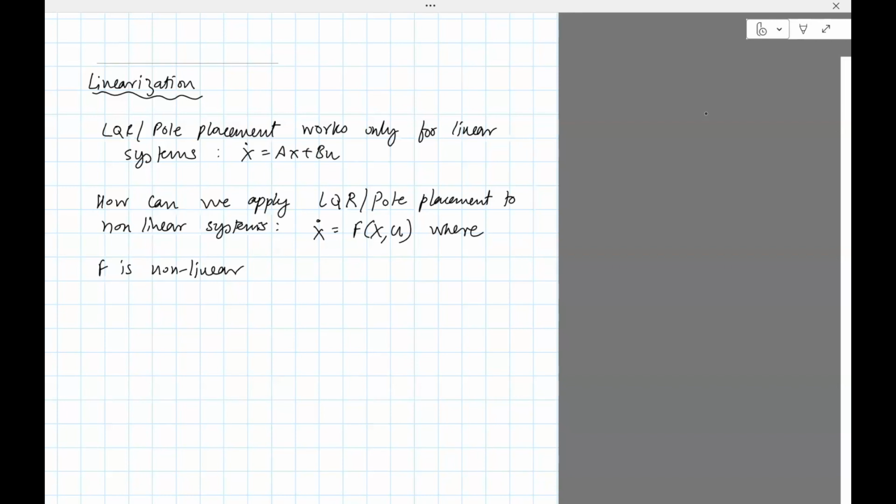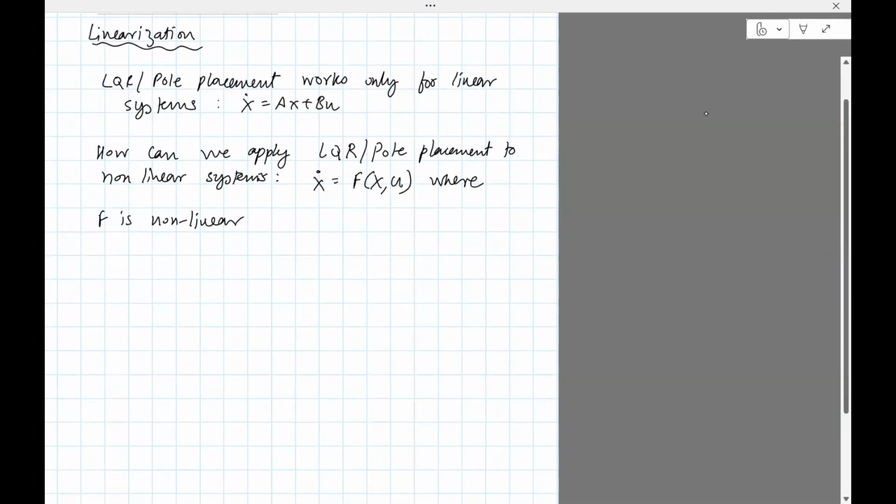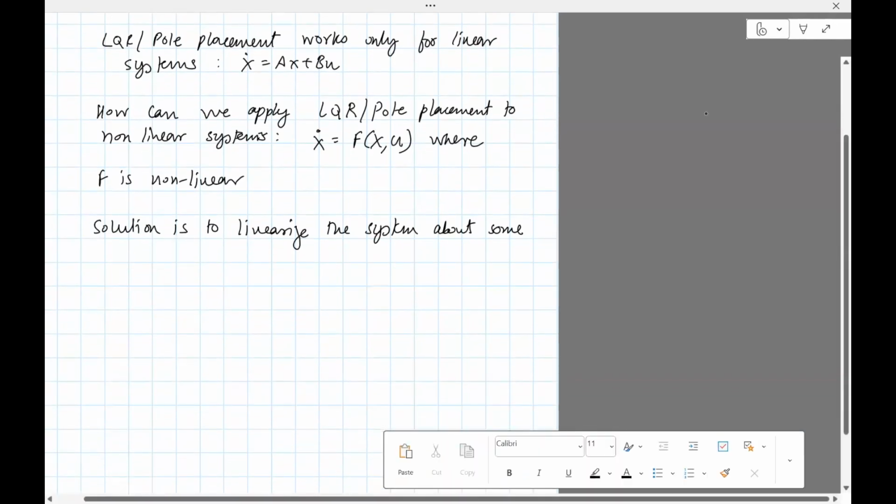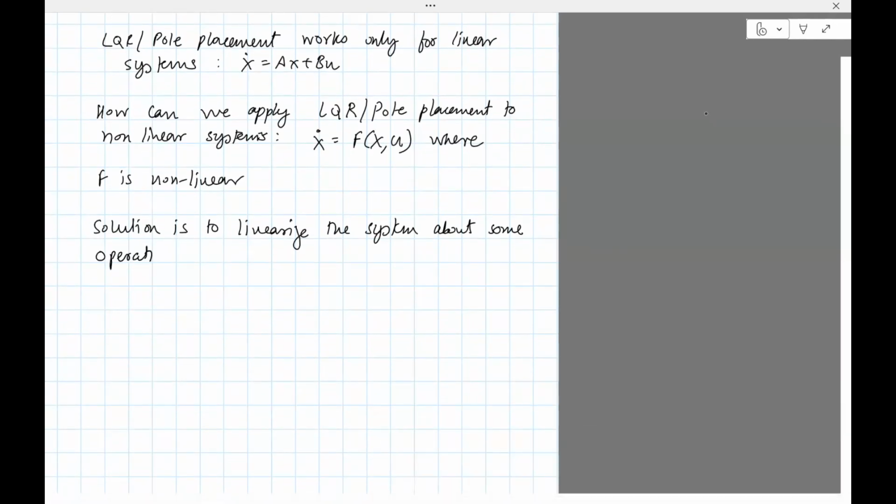Okay, so the solution to this is to linearize the system about some operating point, x0, u0.